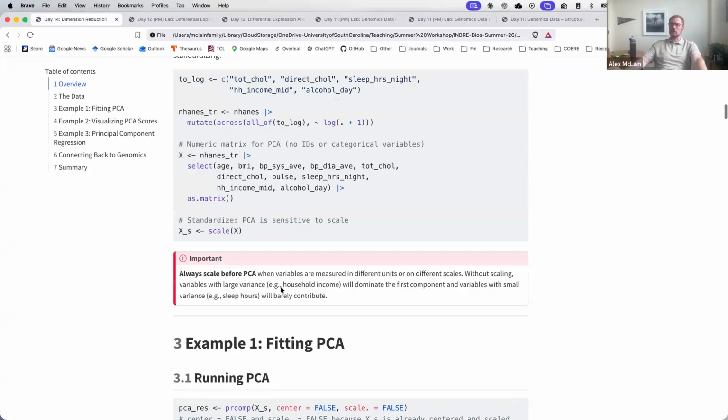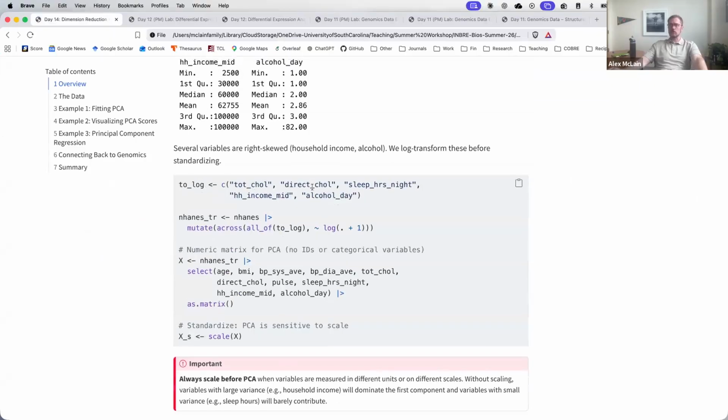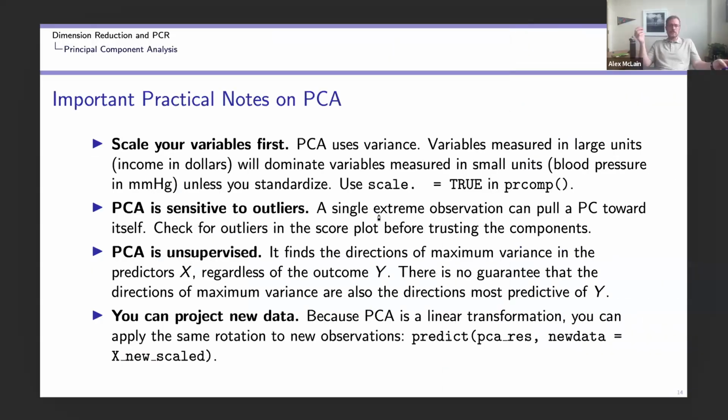With some of the variables that we had: total cholesterol, direct cholesterol, sleep, income, alcohol. If we did not log transform those variables, we would have had some outliers that would have disproportionately impacted the PCAs that we had. So it's going to be sensitive to those, and you're going to see an impact.